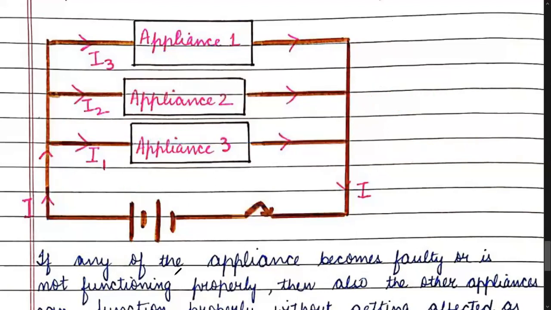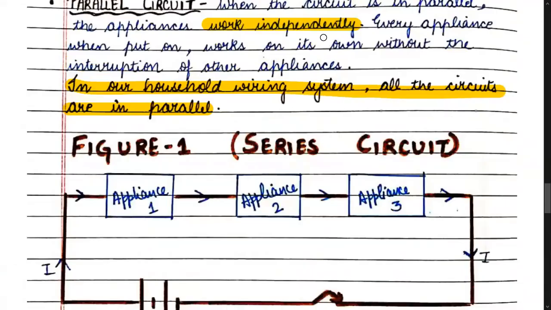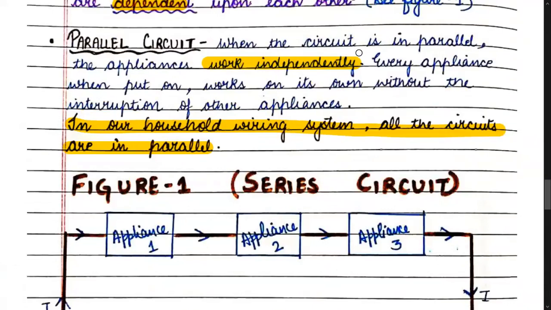If one of the appliances is not working, the other appliances will work. There will be no trouble in the working of other appliances connected in parallel. So it can be said that in a parallel circuit, the appliances are not depending on each other and are working independently.